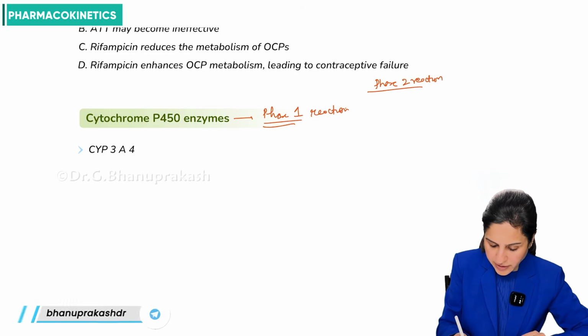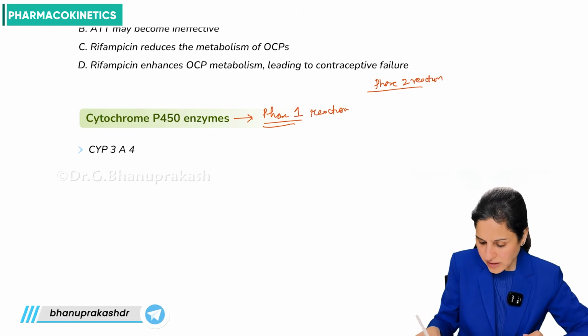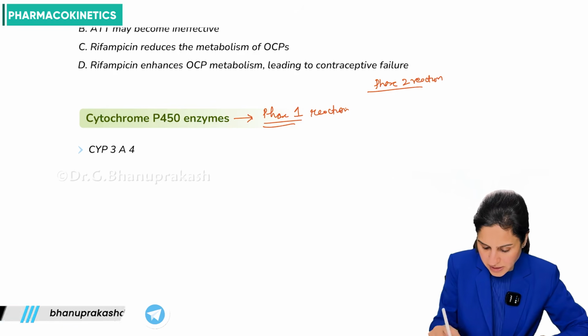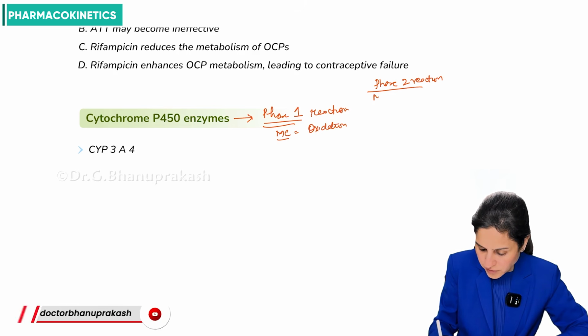Phase 1 reaction is mainly done by the cytochrome P450 enzymes. Phase 2 reactions are by the glucuronide transferase enzymes. The most common phase 1 reaction is oxidation and the most common phase 2 reaction is glucuronidation.